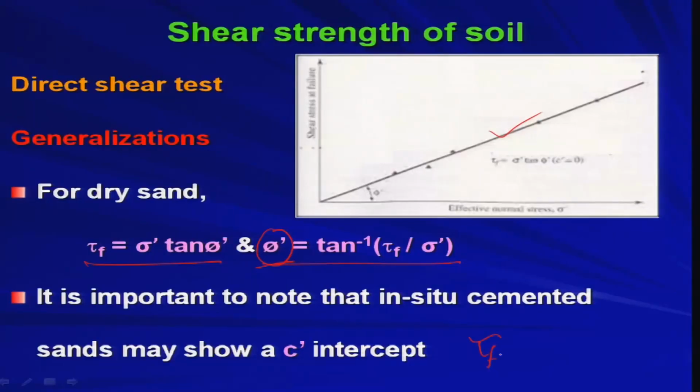That means tau f is equal to C prime plus sigma prime tan phi prime, and the failure envelope will not pass through the origin, rather it will have some intercept, which is nothing but the cohesion, on the shear stress axis.